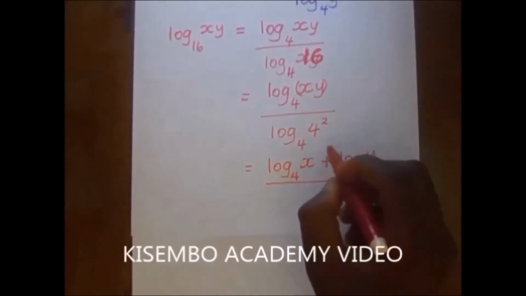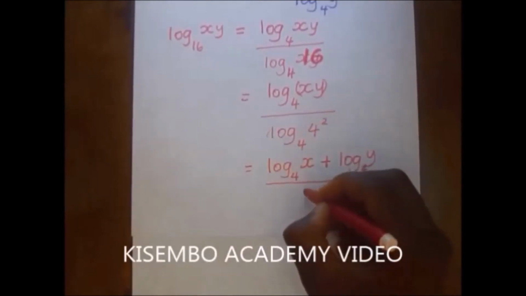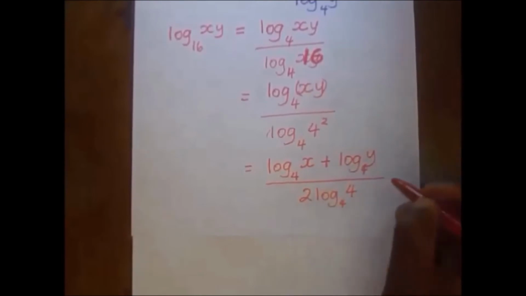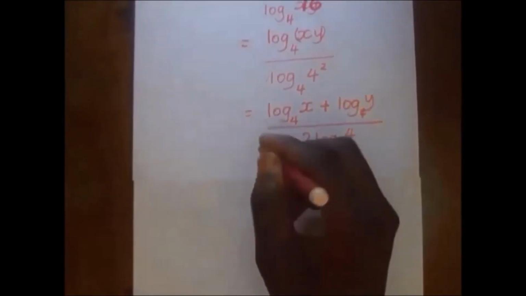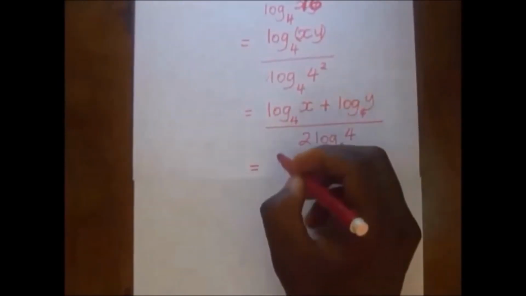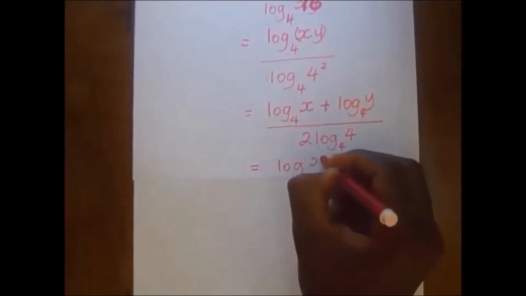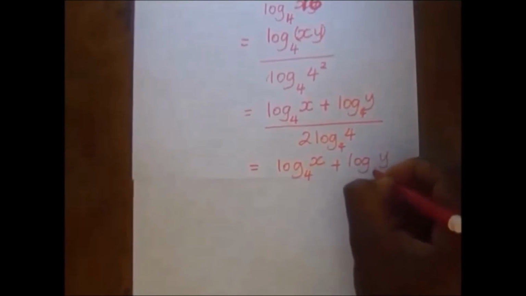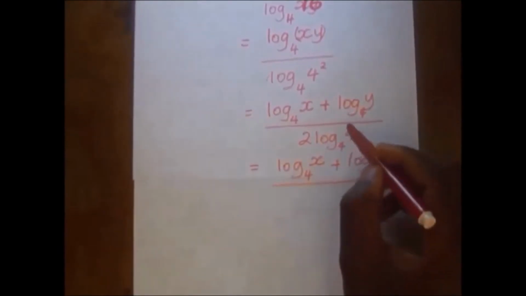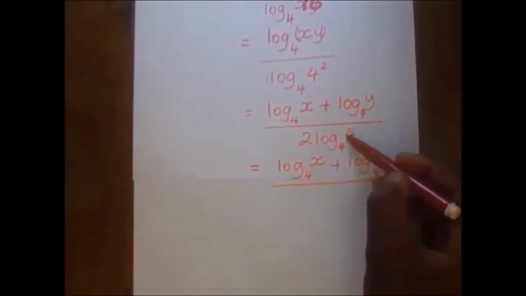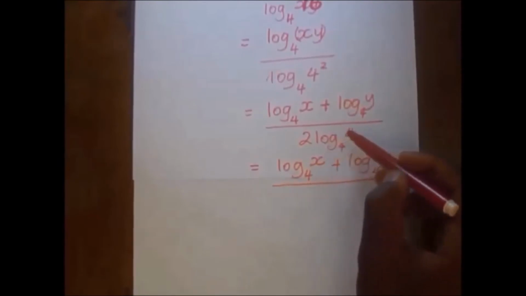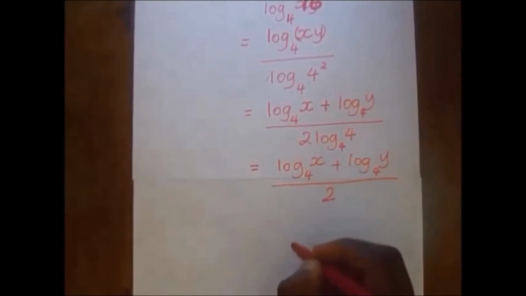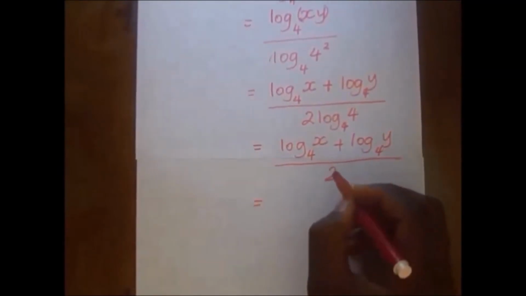Divided by, now when this 2 comes here, it's going to become 2 log of 4 base 4. So to continue with our calculation, this is going to become log of x base 4 plus log of y base 4, divided by, when the number and the base are the same, this becomes 1. So log of 4 base 4 is 1. So it's 1 times 2, and we are going to have 2 there. So we finally get our expression.